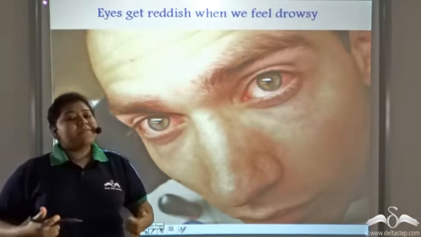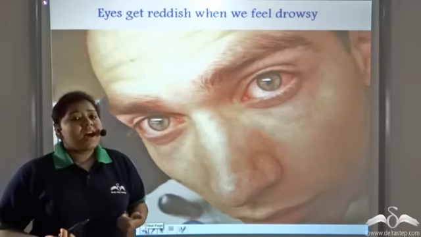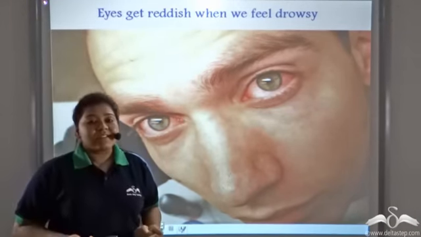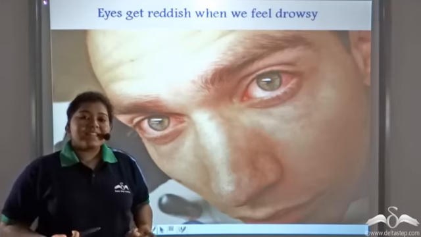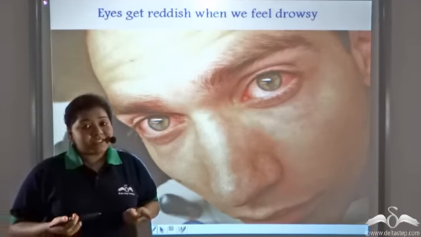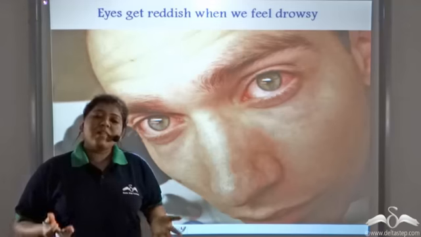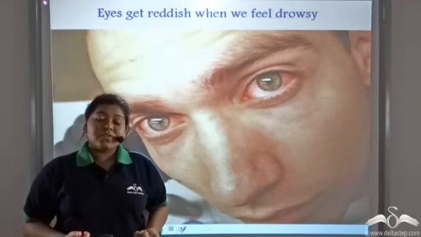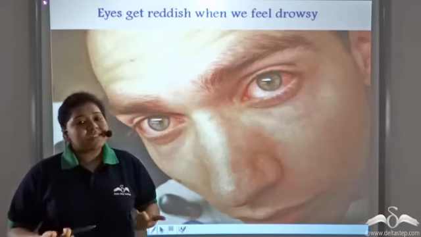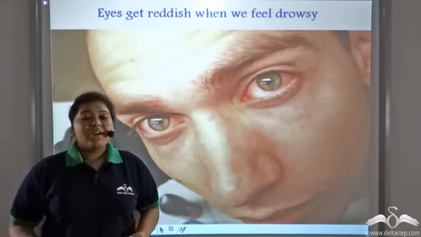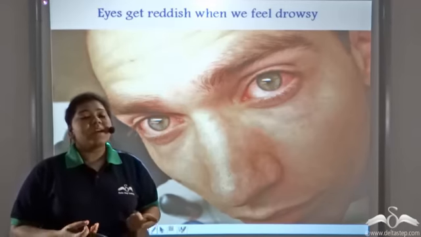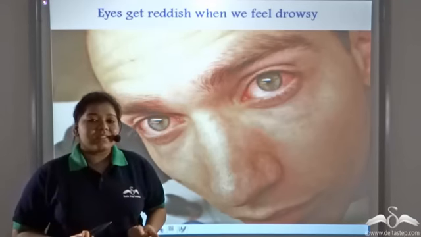Now, when we feel very drowsy, our eyes turn reddish. So, why is this happening? Well, this is because when we feel drowsy, we put in a lot of effort to keep our eyes open. So for that, a lot of energy is required. Now, we know that oxygen during cellular respiration produces energy.